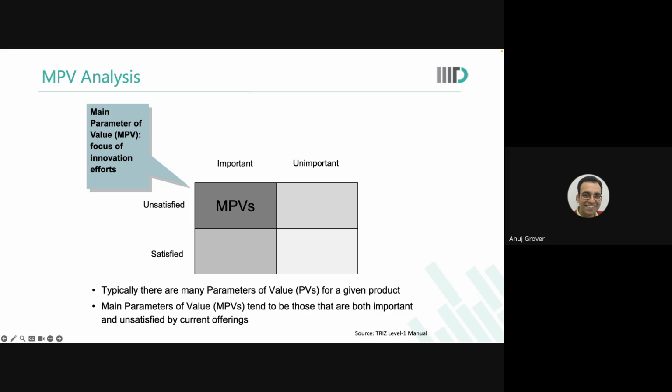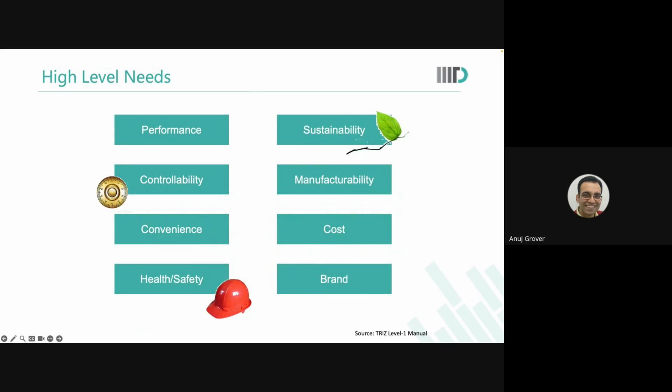So what we looked at was that, in the same breath, we also talked about some high-level needs. These high-level needs, like performance, controllability, convenience, sustainability, manufacturability, cost, brand, have to be translated into features for the product.